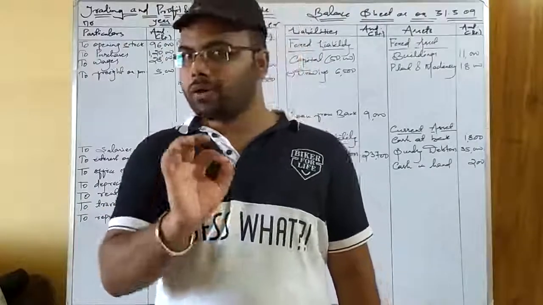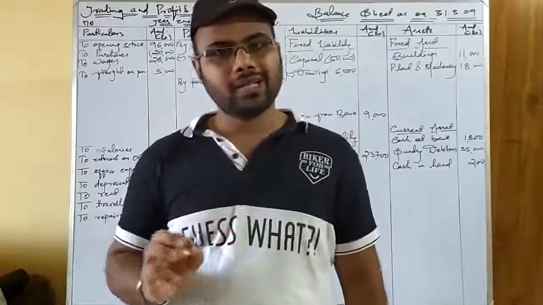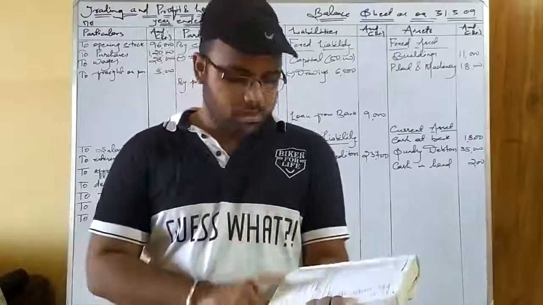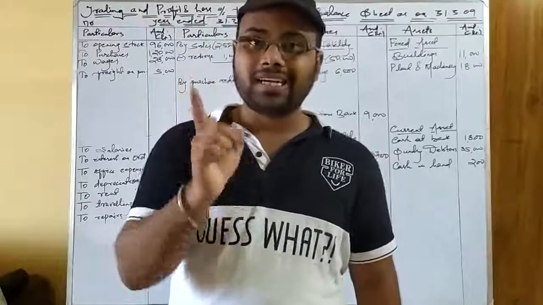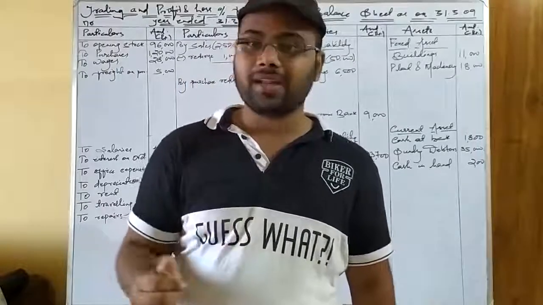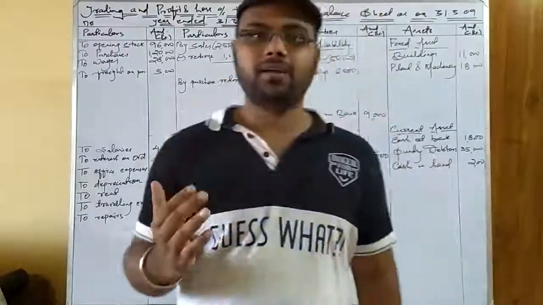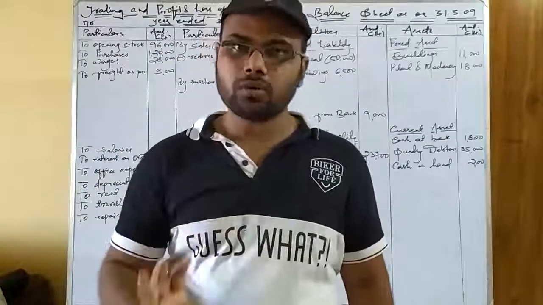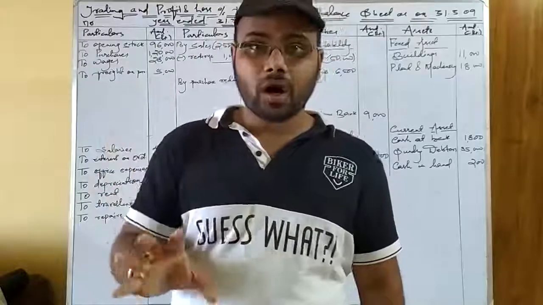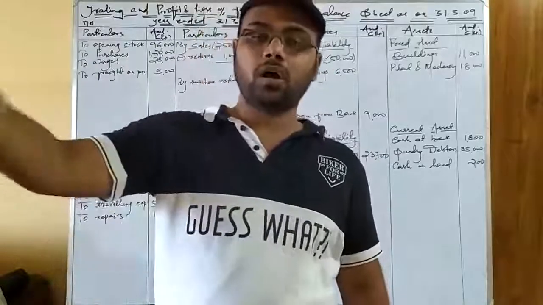So according to the convention of conservatism, you know there are some contingent liabilities. So these reserves and provisions are contingent liabilities. And as you know, contingent liabilities are never shown in the balance sheet under the head of liability as per the rule. They are just shown in the form of footnotes, or by way of deduction from particular assets.